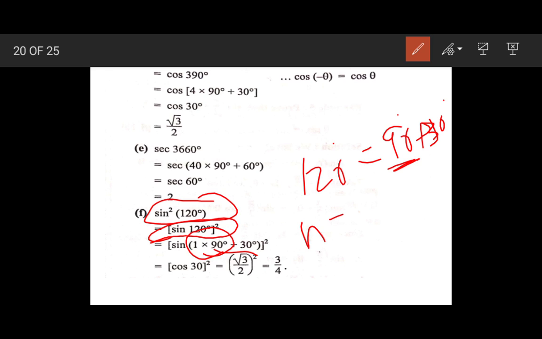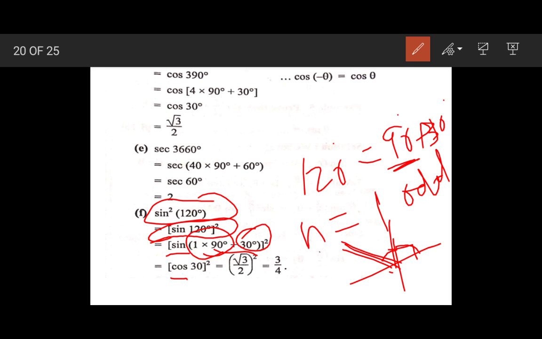Now here n is equal to 1, and 1 is an odd number. For an odd number sin will convert into cos, so cos 30 degree. This is 90 plus 30, so 120 will come in the second quadrant. In the second quadrant cos is negative, so minus cos.